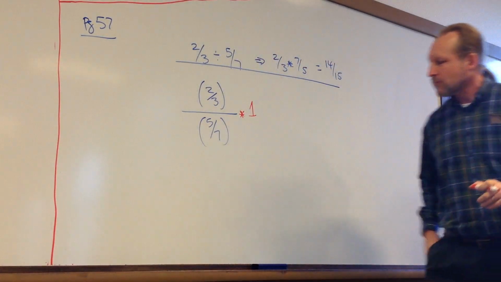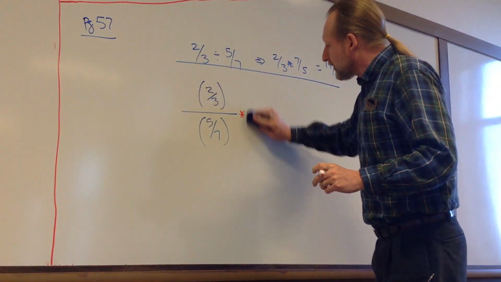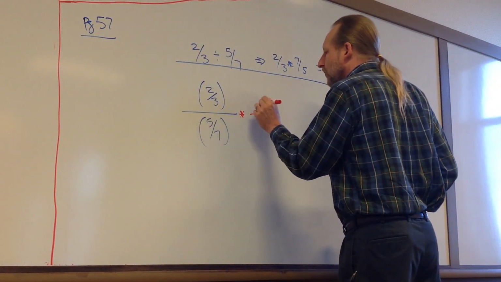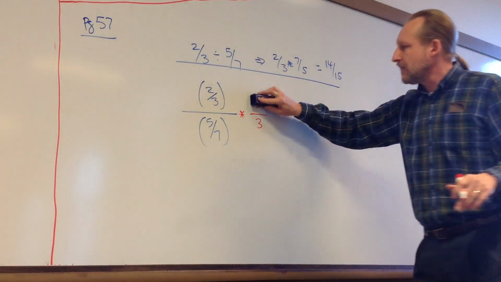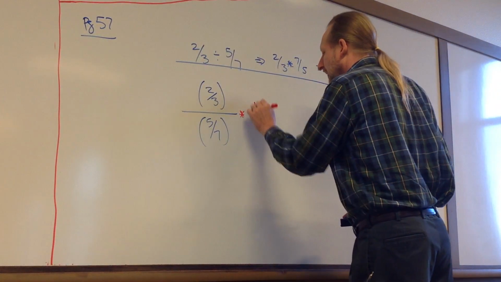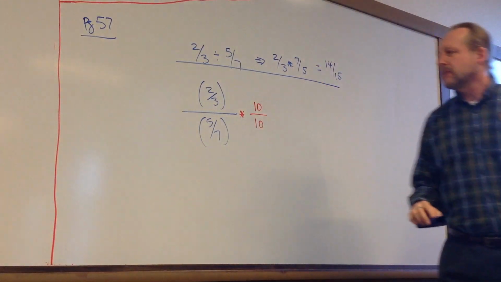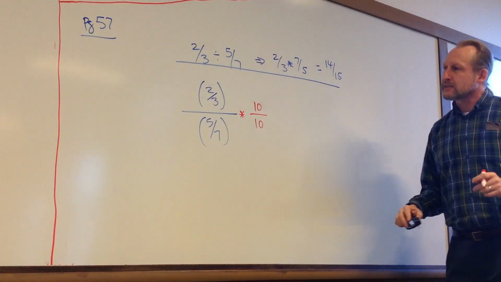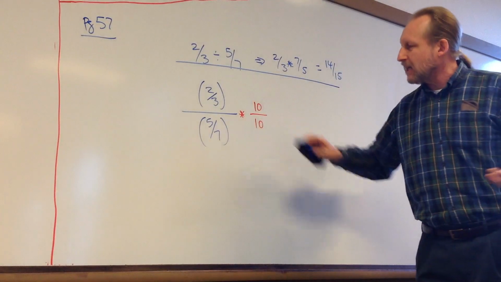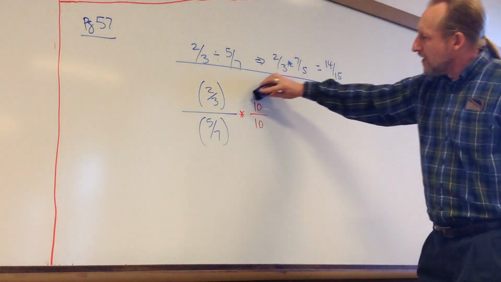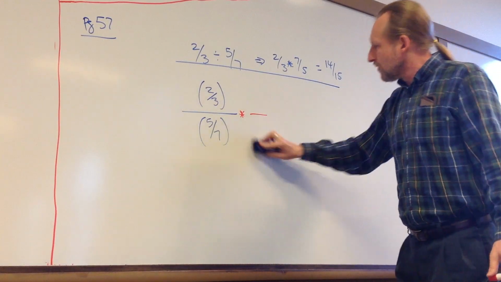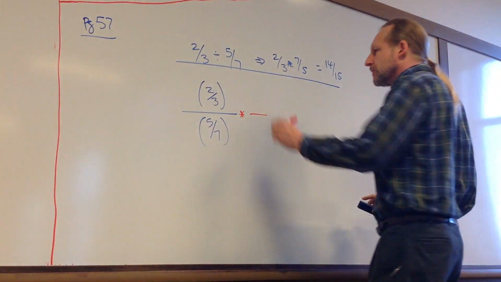Because it's a fraction, we can multiply by any form of 1 that we want to, like 3 over 3, or 10 over 10, just like when we're making common denominators, which we'll talk about in the next section. We're multiplying by a form of 1, so we're not changing the value of this fraction. Well, here's the form of 1 I'm going to choose to multiply by.